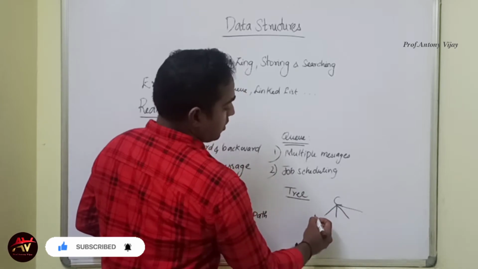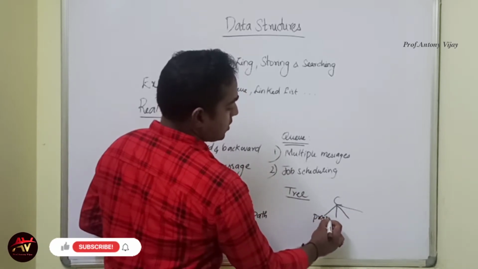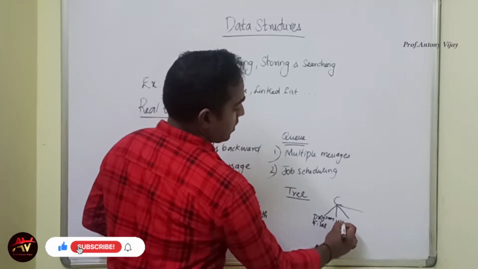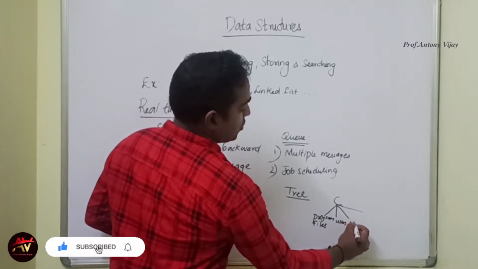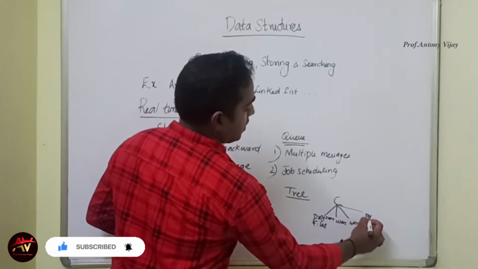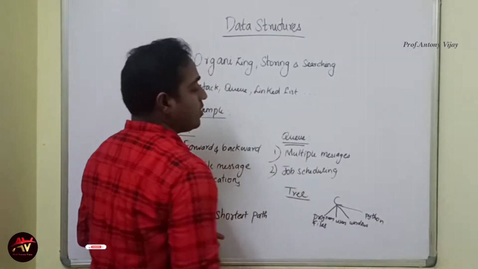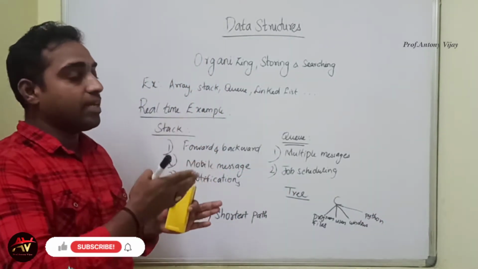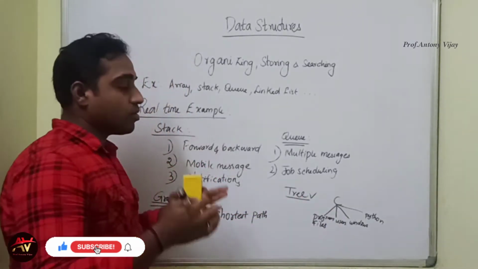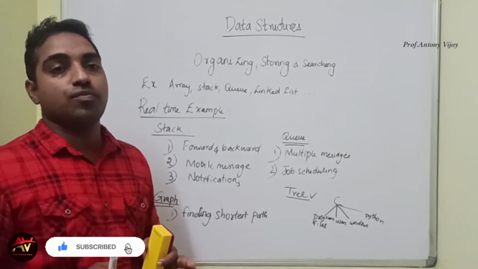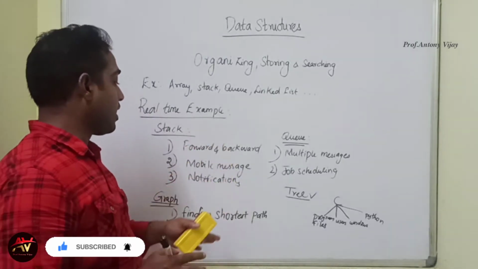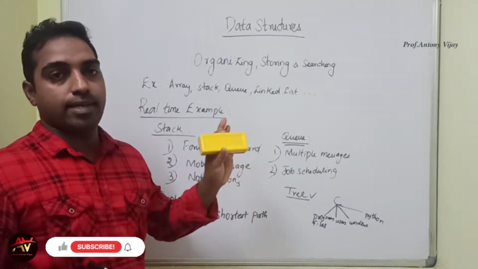For example, the first folder may be program files and users, then Windows files, then Python files. Likewise, all the folders are arranged in a tree manner. So this is what called as tree data structure. This data structure can be used for file management purpose. So these are the real-time examples of all the data structures.